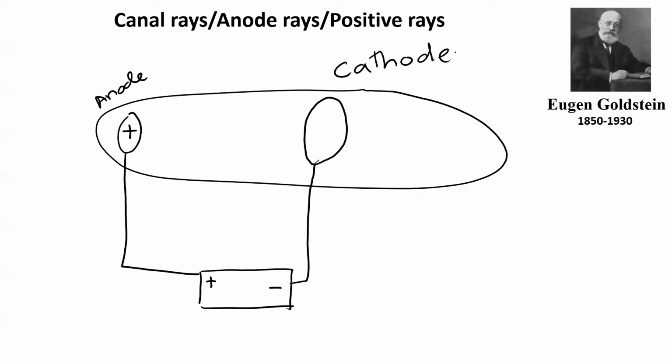And it is not just a plain cathode. He placed a cathode with holes. For some reason, he wanted to place a lot of holes in this cathode. Now, he filled this tube with a gas under low pressure. And then he supplied a high voltage.